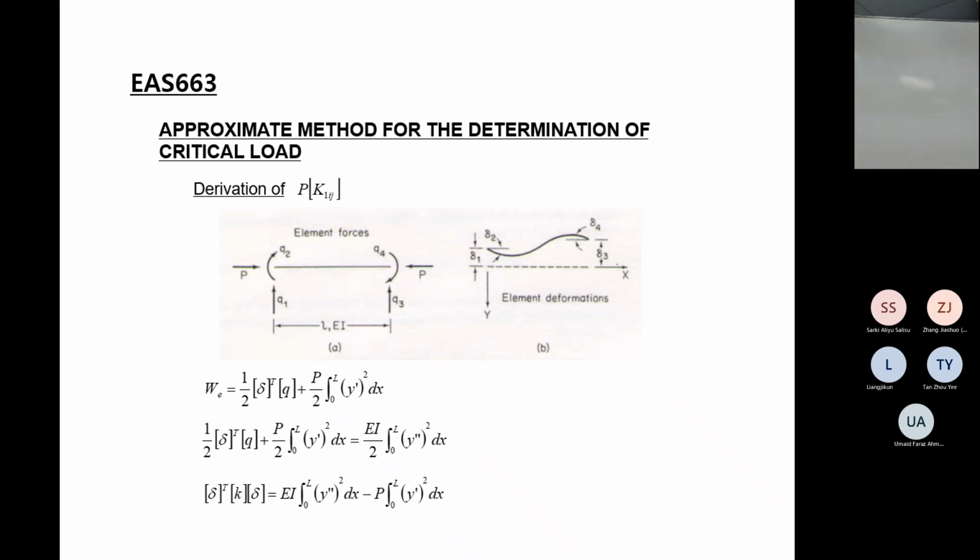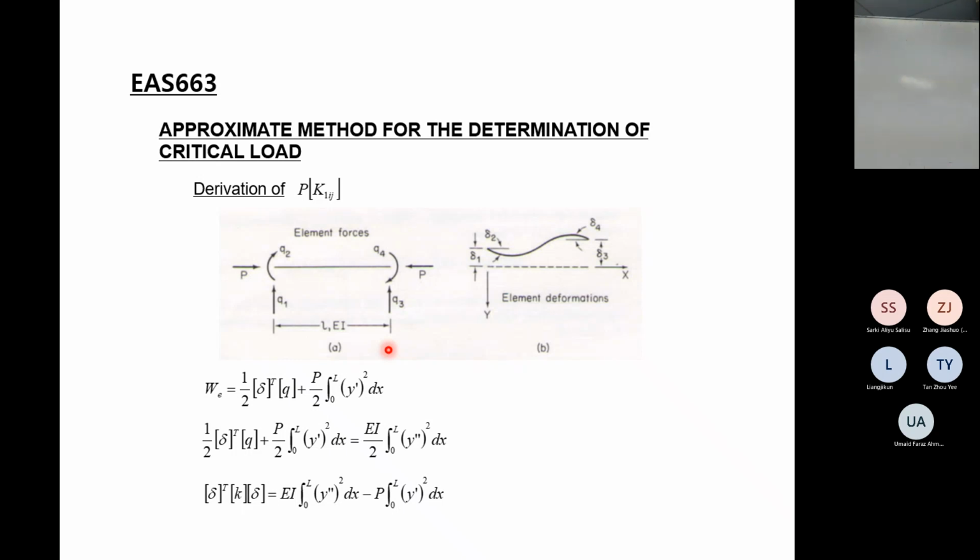Now, diagrams A and B show in general a member which is subjected to axial force. The first diagram, diagram A, shows the element forces.